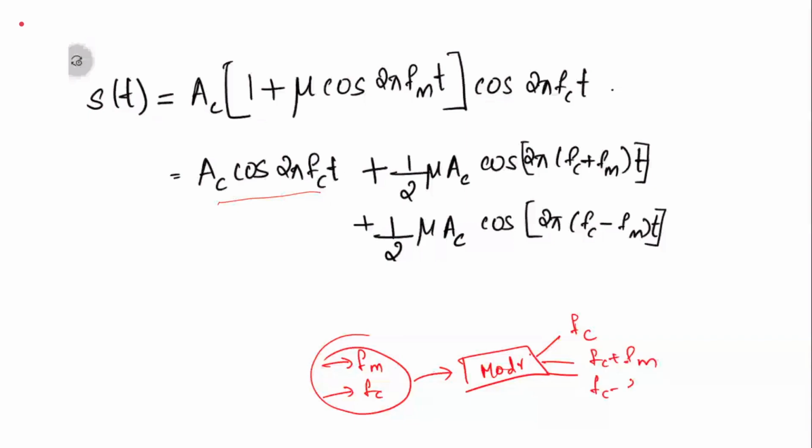So the input to the modulator is two frequencies, FM and FC, and once the modulator output comes, you analyze the frequency components of the output. You have three components: FC, FC plus FM, and FC minus FM.